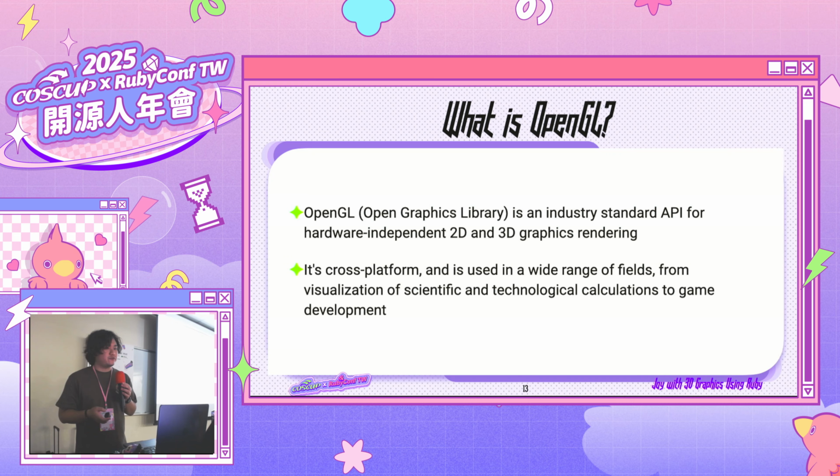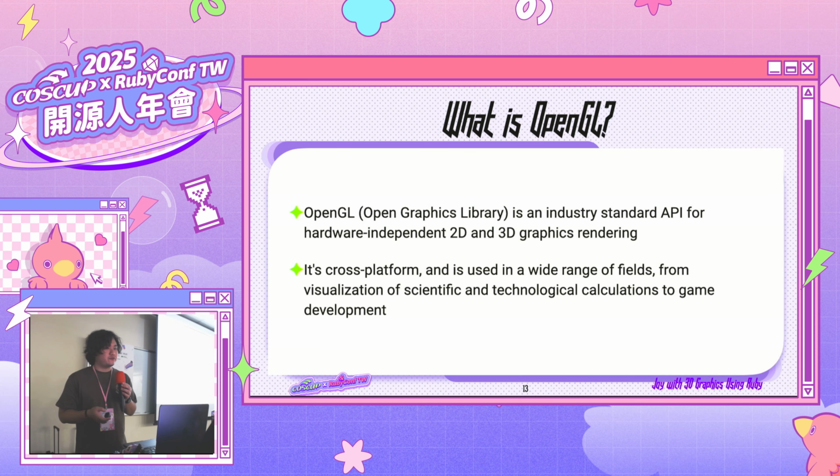They are libraries that provide the peripheral functions needed to use OpenGL, and they also abstract the OS-specific processing. One more time, OpenGL is a drawing engine, and GLFW and GLUT are toolkits to interface with the platform.